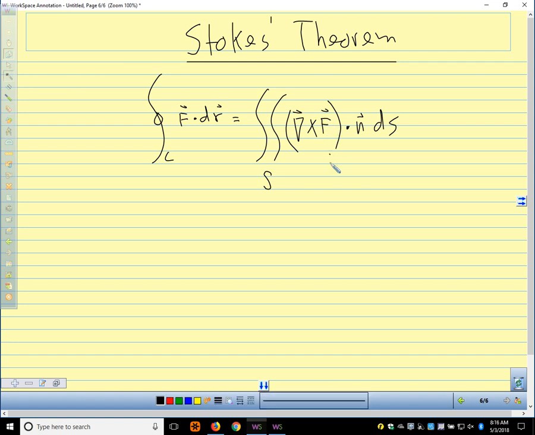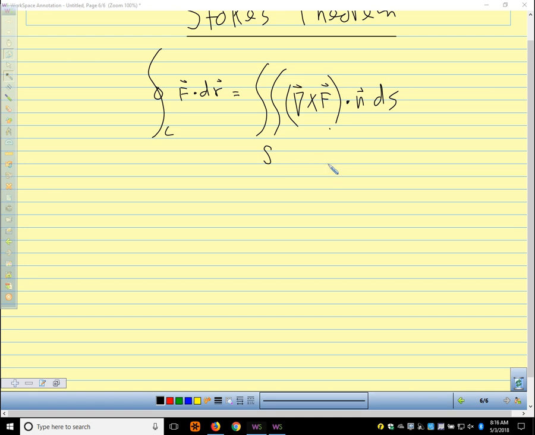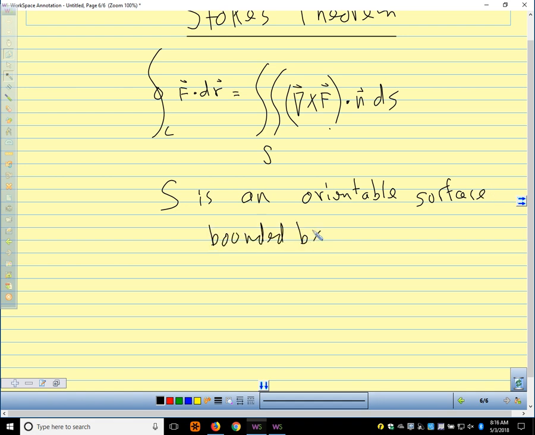Now our curve C is the boundary of a surface S. Not a solid, but a surface. S is an orientable surface bounded by C, and n is our unit normal vector.